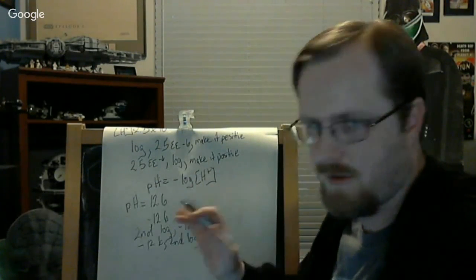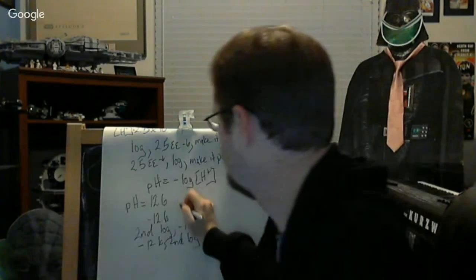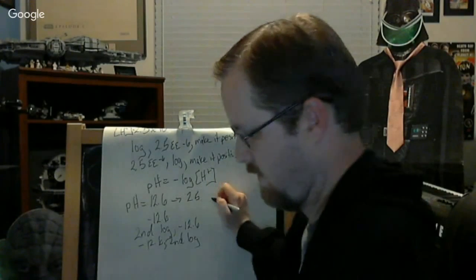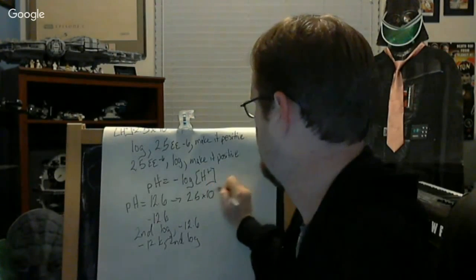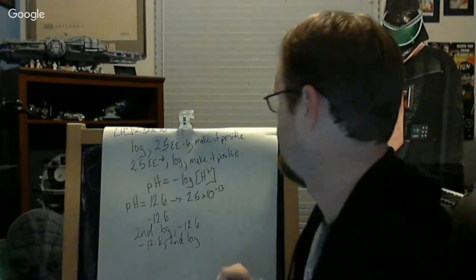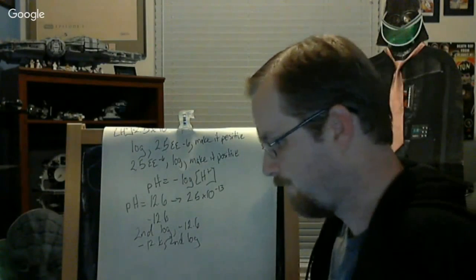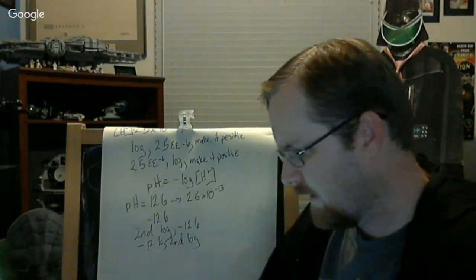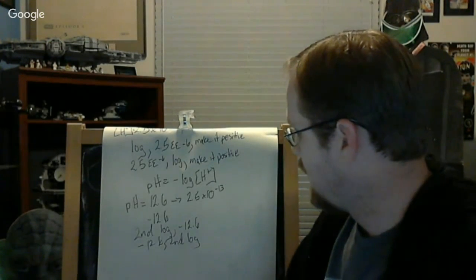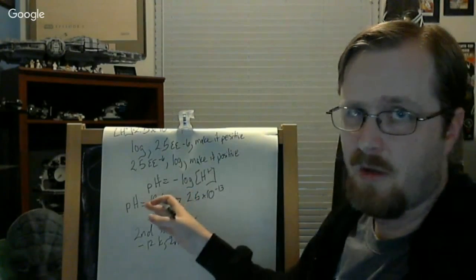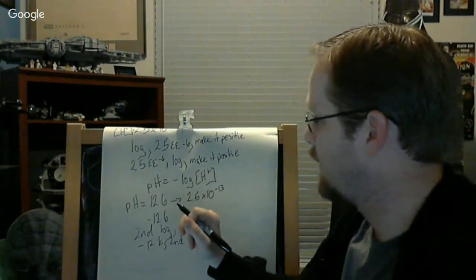So just for the sake of ease, I'm going to round this to 2.5 times 10 to the negative 13th power. All right, so there you go. Hopefully that makes sense. And obviously I can do a whole lot more examples on that if necessary.